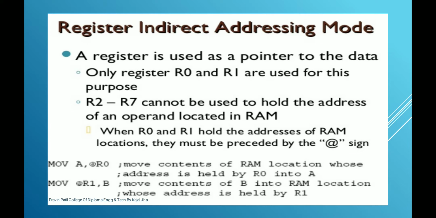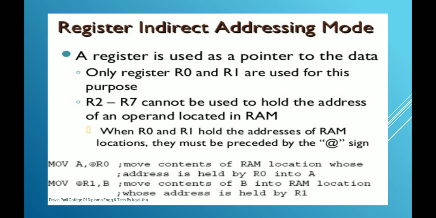For example, MOV A, @R0 means: move the contents of the RAM location whose address is held by R0 into A. It is not the address of R0 that is copied into the accumulator, but the content of the RAM location whose address is given. That is the indirect form.